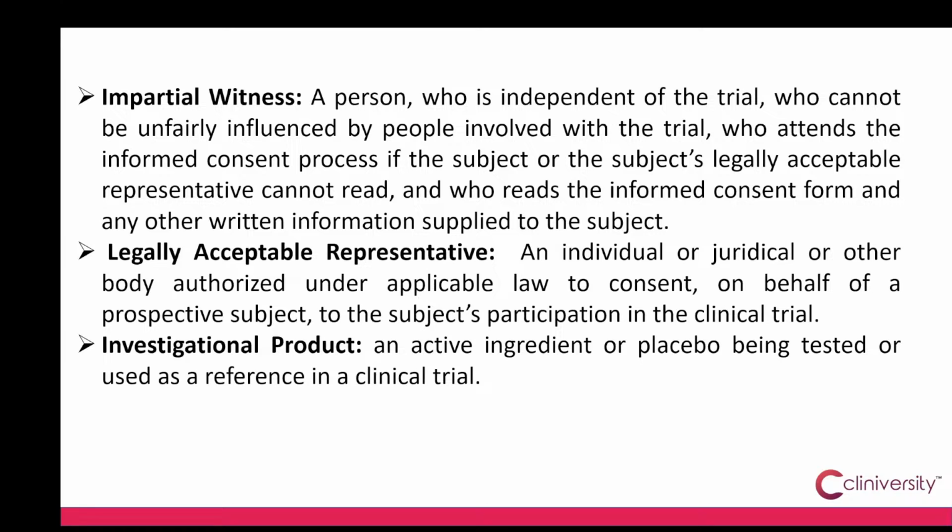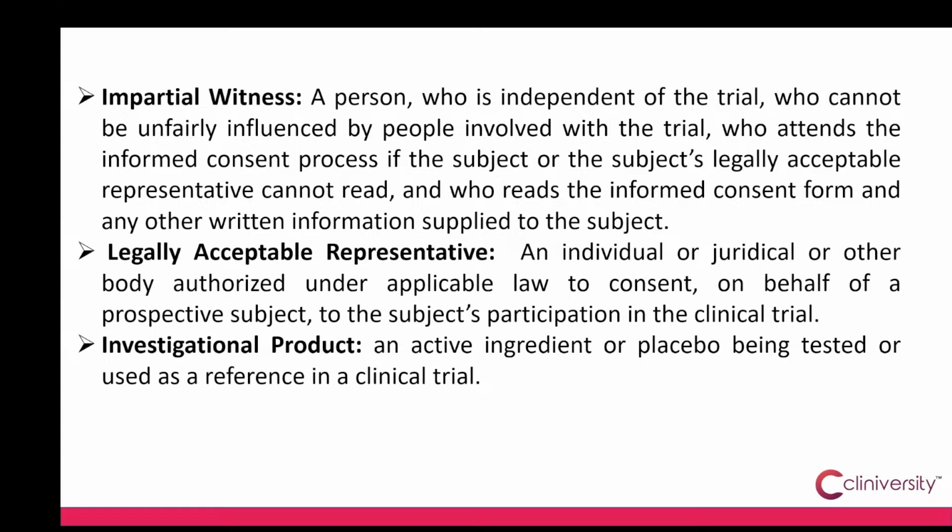So I am explaining it again. We have 3 scenarios in informed consent. Scenario 1, if the subject is literate and is good with the investigator's explanation, there will be an investigator and subject conversation and they will be done with the informed consent process. But if the subject cannot give the consent, if the subject is illiterate, then we need the subject and a legally acceptable representative.